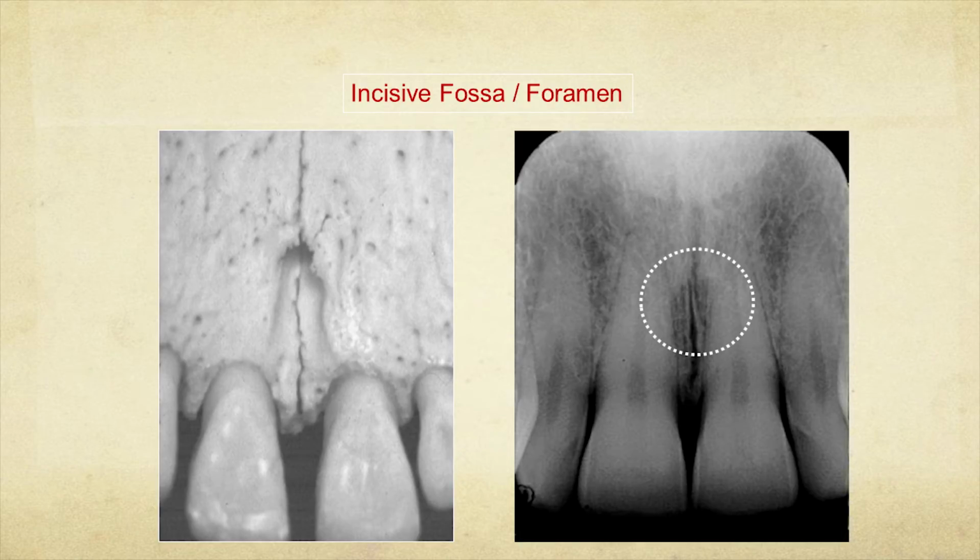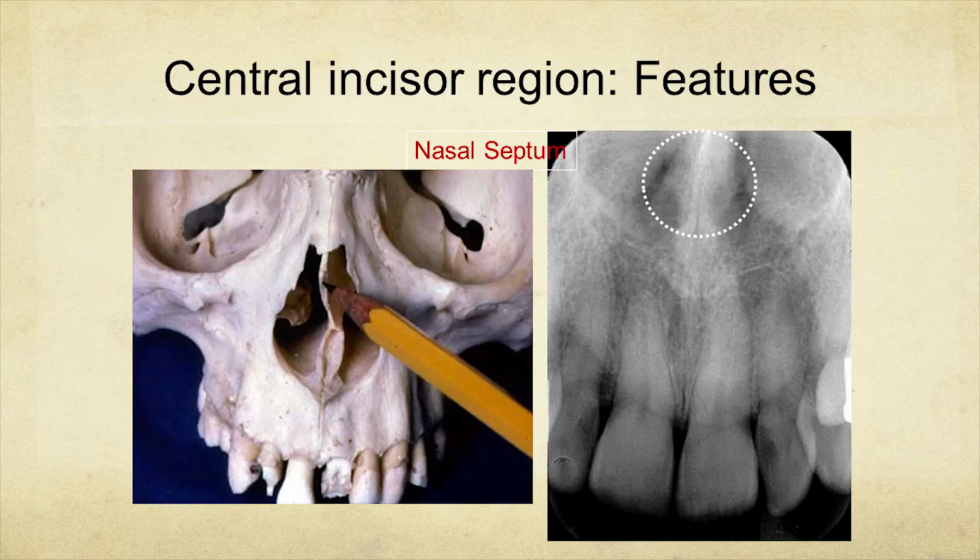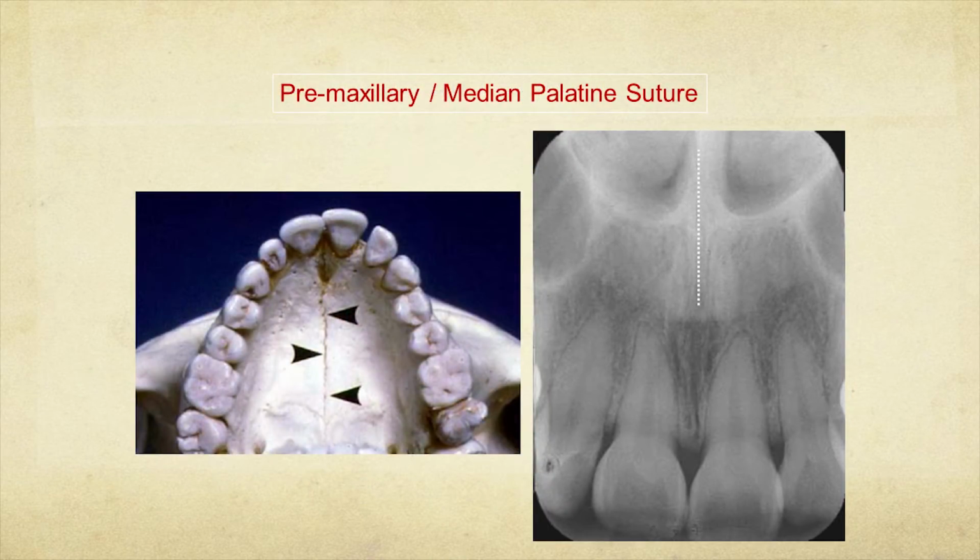Sometimes this incisive fossa or foramen appears to be a lesion. So it's very important that you identify that structure and isolate it. Then your nasal septum again appears as a radiopaque area. Then we have your palatine suture, which runs along there. Again, the palatine suture would be a radiolucent area in between the dense maxilla that you would see.